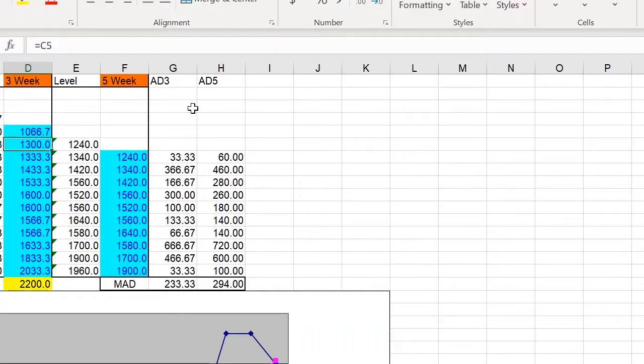So you get the idea. And I'm comparing it to a 5-week model. Same logic here, but to forecast in a 5-week model, you'd have data for 5 periods to start with. So you get the level in time period 5, which becomes the forecast in time period 6. The rest of the calculations are exactly the same.